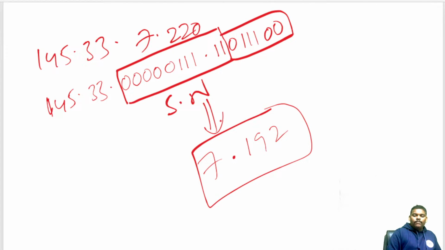Are you getting? In between there is a dot, right?